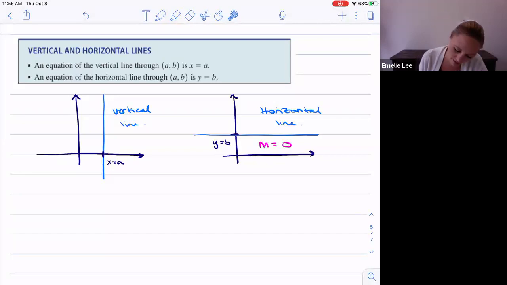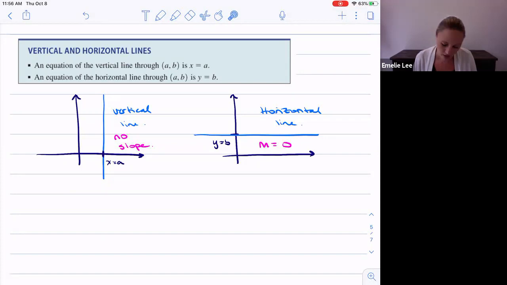And so here, a vertical line, we actually say has no slope. Notice the difference in terminology, right? No slope is very different from a slope of 0, right?